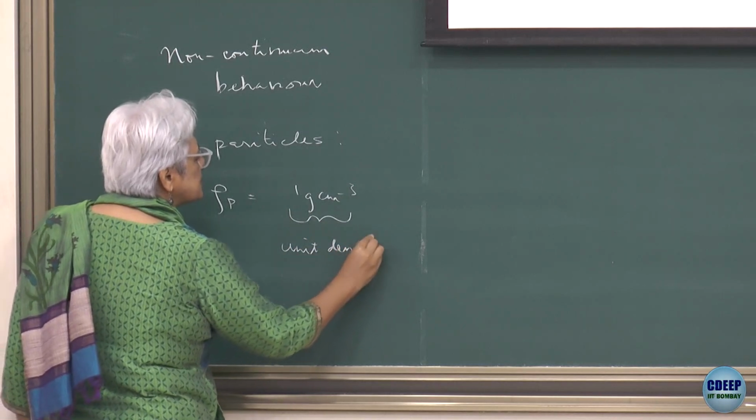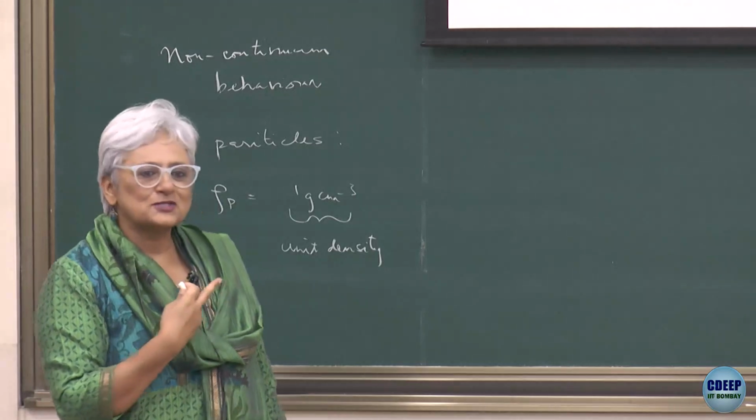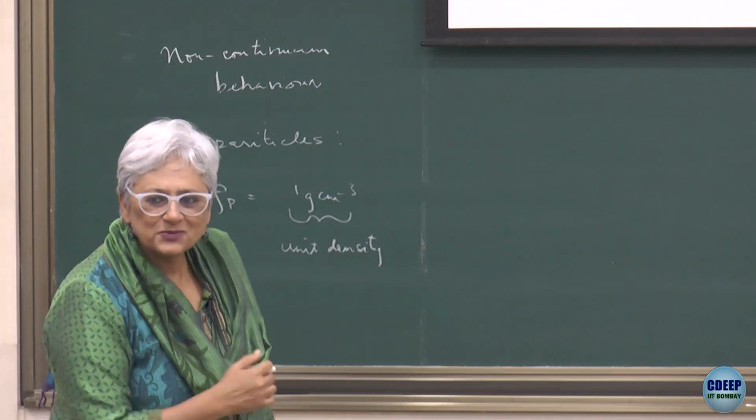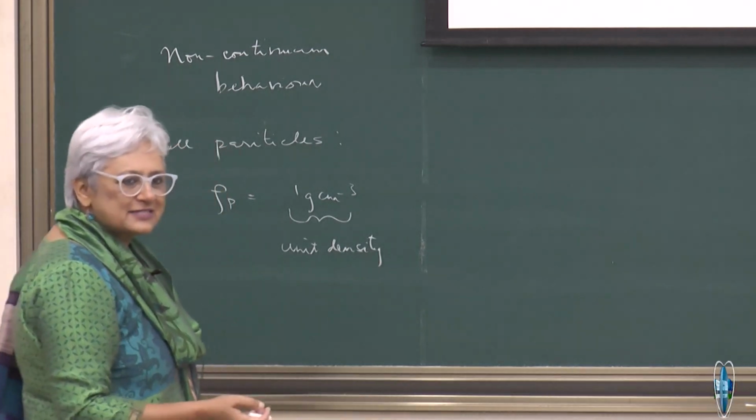Unit density just means 1, but it is in gram per centimeter cubed, so it is something to just keep in mind, right. It is the same as the density of water.